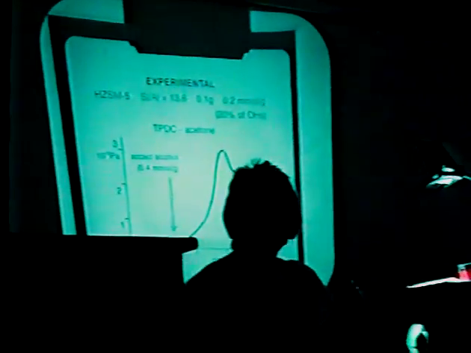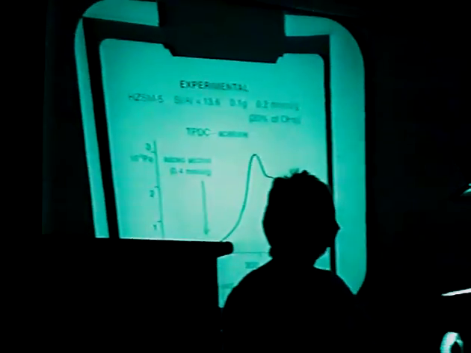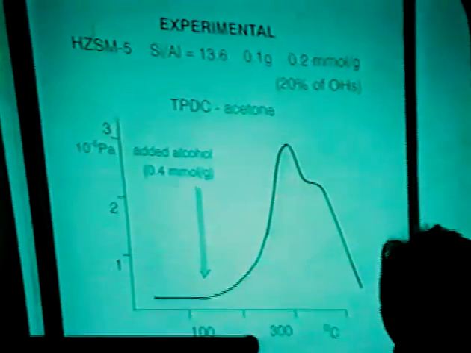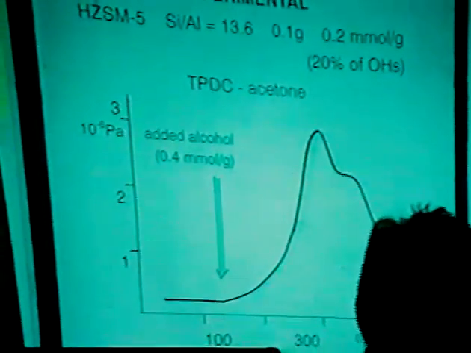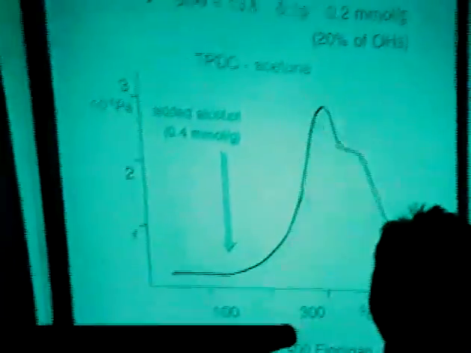Here is shown the TPDC of acetone, using the analysis of released products directly by mass spectrometer.